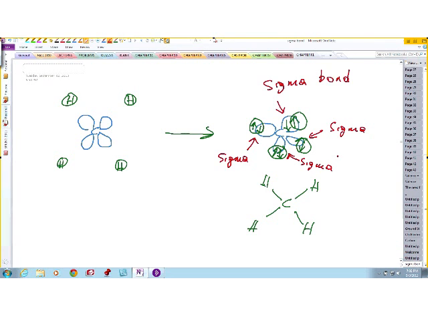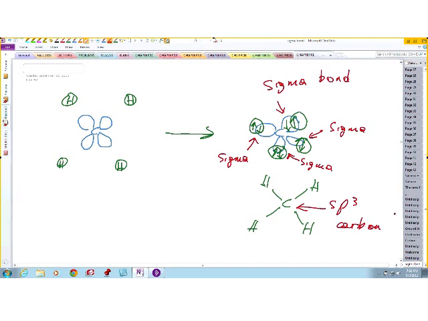Okay. So now that is how we form it. So we refer to this carbon here as an sp3 hybridized carbon. And how do you know sp3 hybridized carbon? If it's bonded to 4 other atoms. That's all you need to know.